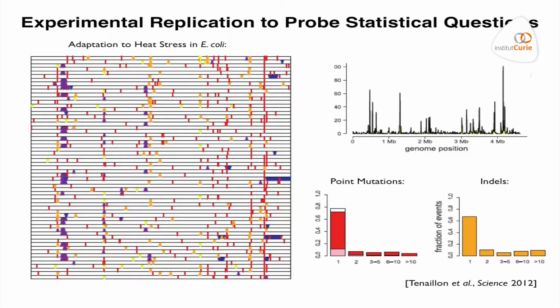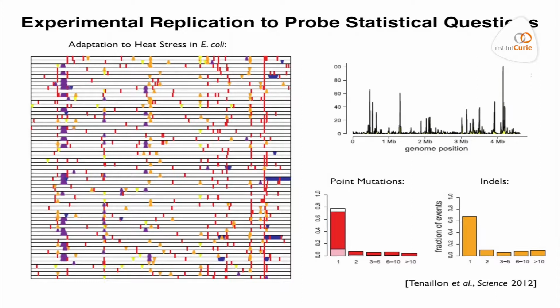So these guys took 115 lines of E. coli and put them at a high temperature, higher than E. coli likes to live in, for 2,000 generations. They started all from exactly the same E. coli. They just took it, let it divide, and founded a bunch of different lines from this identical genotype.